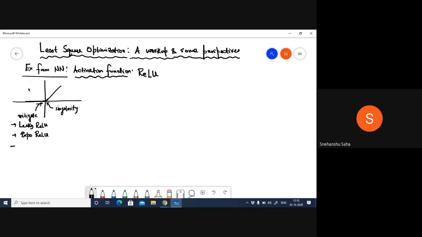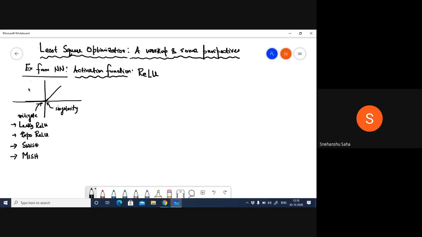These are more continuous versions of the ReLU activation, in the sense that they try to solve this singularity problem at x equal to 0 by defining something else. And then there is an activation function called swish, which is from Google Brain. And recently, at the British Machine Vision Conference, a researcher from India proposed the activation function mish, which is also a continuous variant of ReLU.